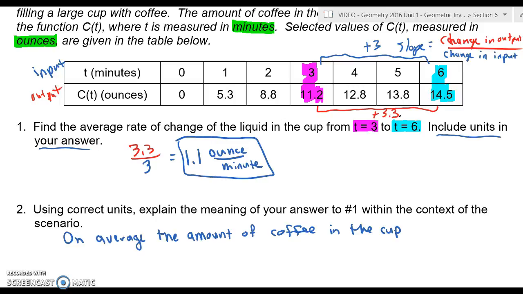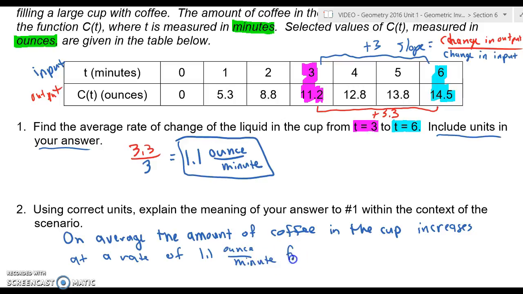So I'm seeing an increase here. On average, the amount of coffee in the cup, because it's a positive average rate of change, increases. If it was negative, you'd say decreases at a rate of 1.1 ounce per minute.